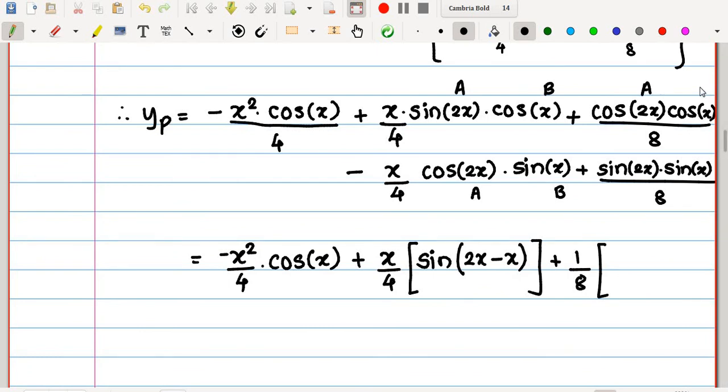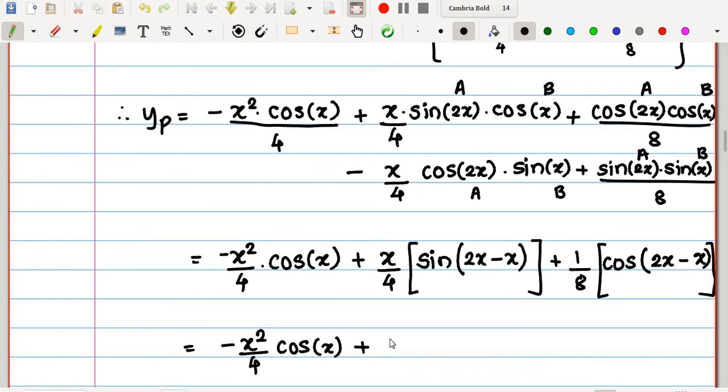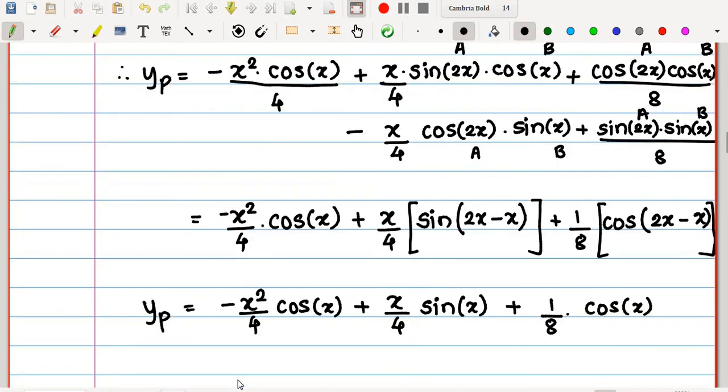So this will be cos a cos b plus sin a sin b, which is nothing but cos a minus b. So if we simplify this, it is equal to minus x square upon 4 into cos x plus x upon 4 into sin x plus 1 upon 8 into cos x. So this is our required value for particular integral.